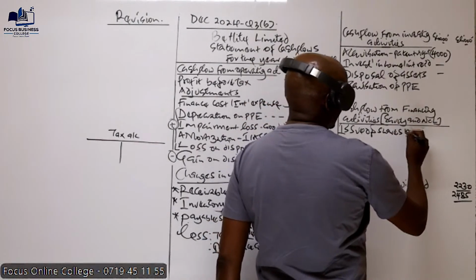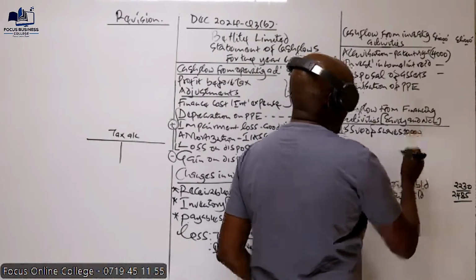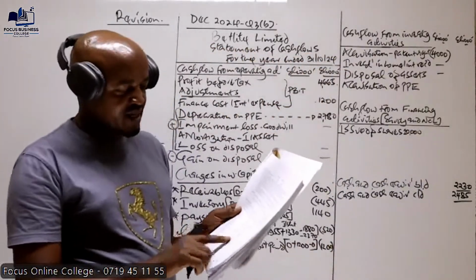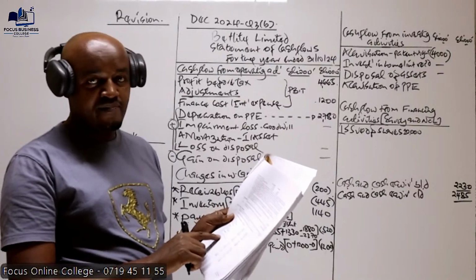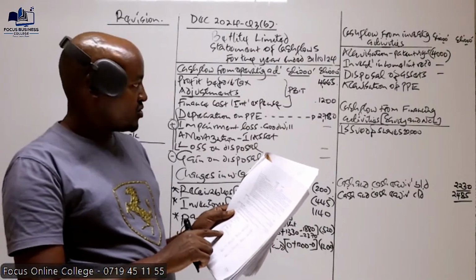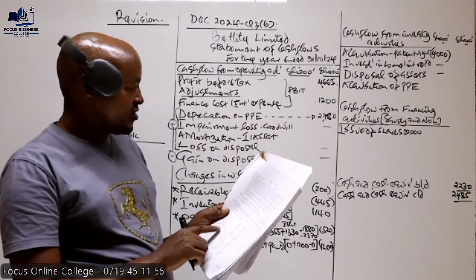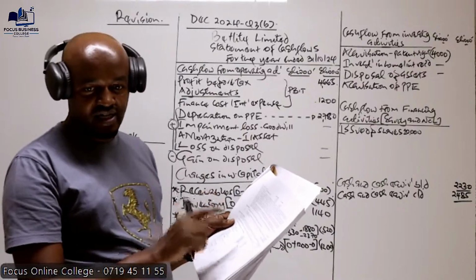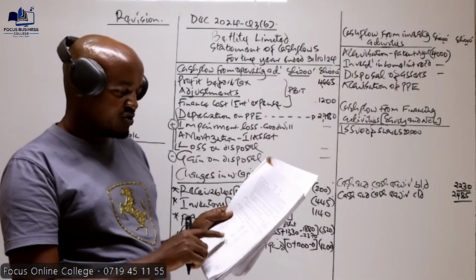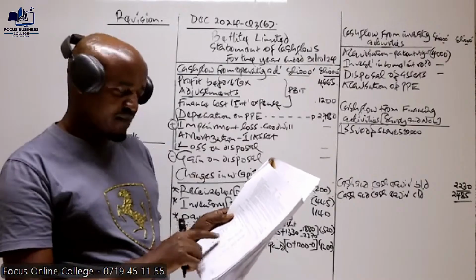In terms of how this is marked, some solutions combine this with the share premium. It is always advisable that if you're recording this in your cash flow, you record it separately first and then get the total. You can see the shares which were issued, the par value increased by 10,000.